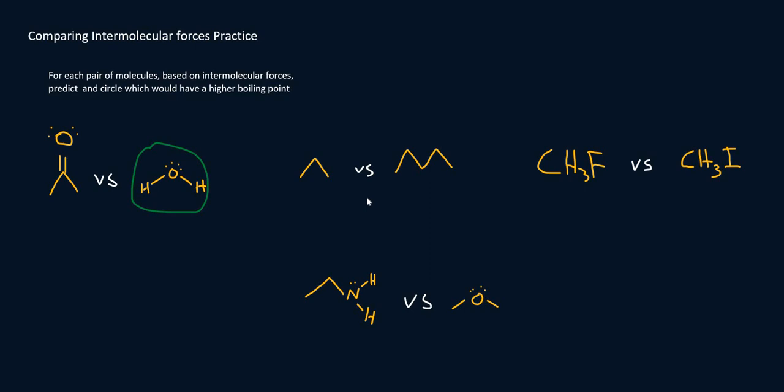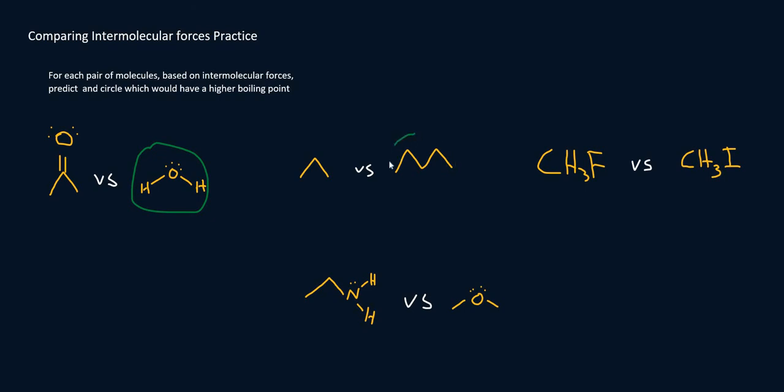Well, remember, London forces increase with your number of electrons. So the more electrons your molecule has, the stronger your London forces. So we know that pentane has more atoms than propane, right? It's a bigger molecule. That means that pentane is going to have more electrons. If you have more atoms, you also have more electrons.